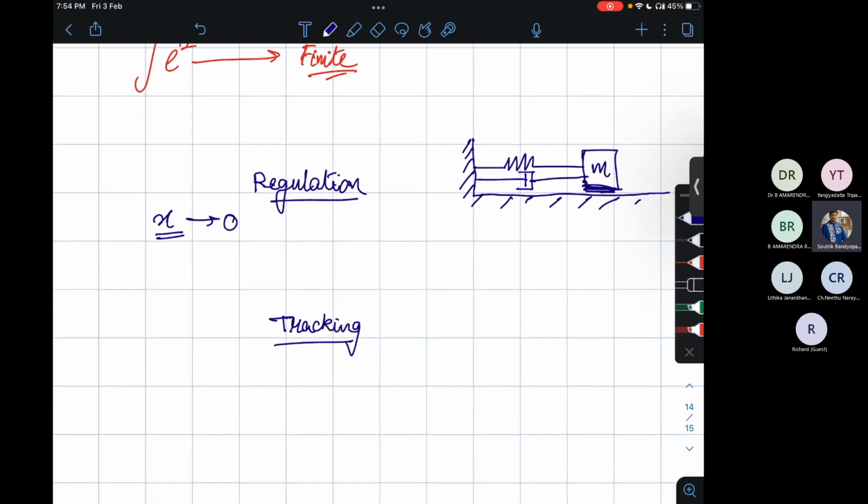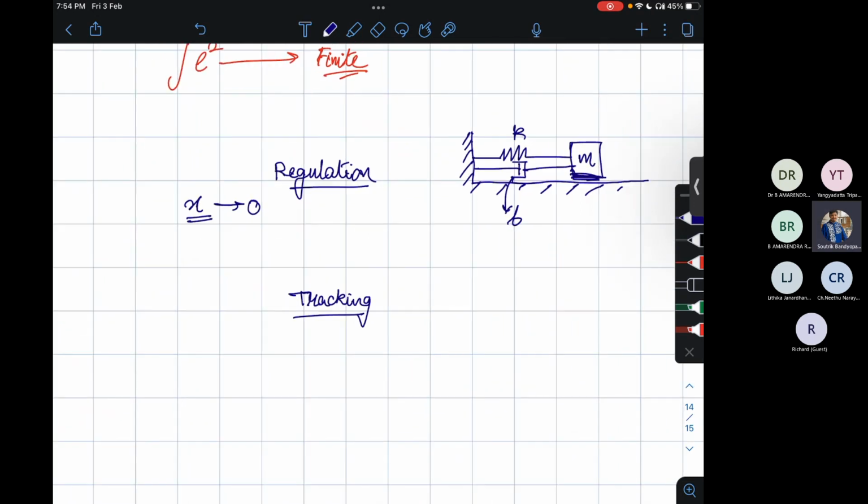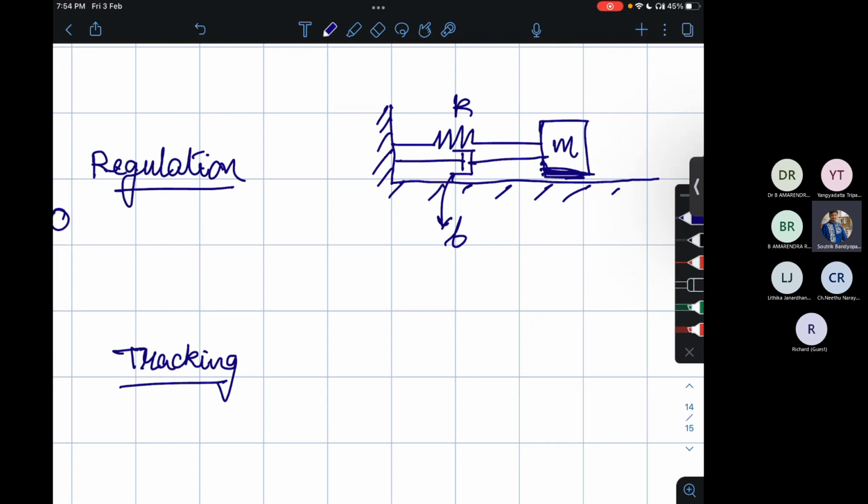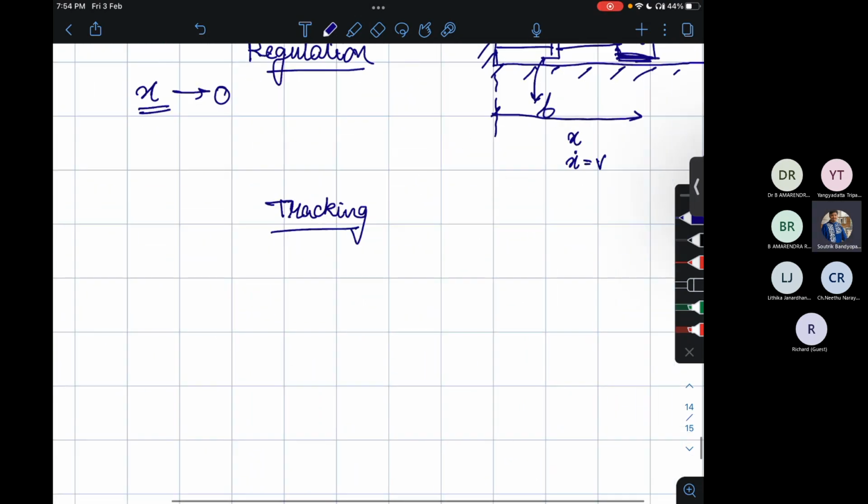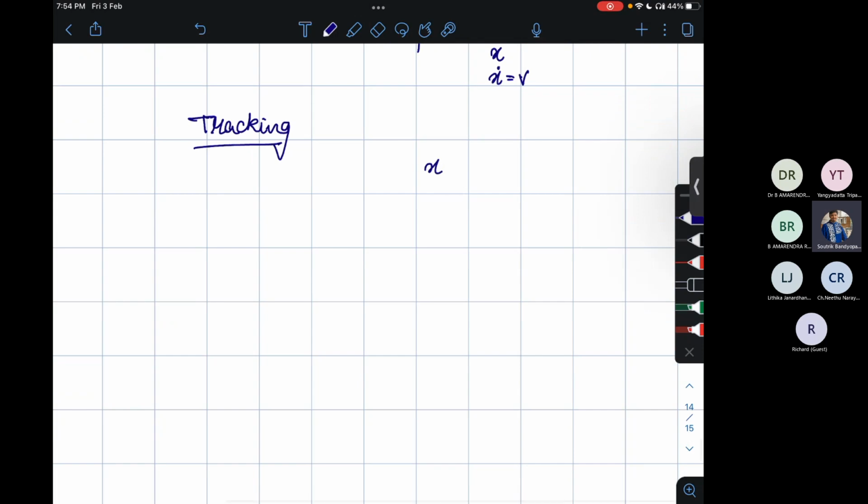This is the mass, this is the spring K, and this is the damper B, right? The state in this system can be considered as the position and velocity of this block. The position or the displacement from this datum point is known as x, and the velocity is x dot or v, right? So the state variable is x comma v.